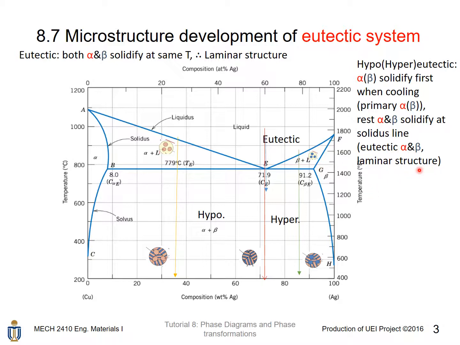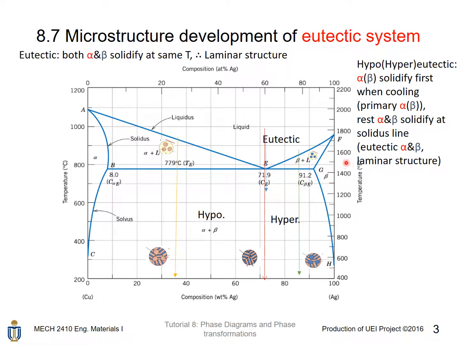And one description of the structure is shown here. The pink region is the alpha phase, and the primary alpha phase is shown here, which is the green circles. First, they will solidify before entering the solidus line.